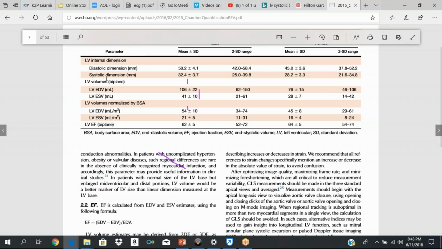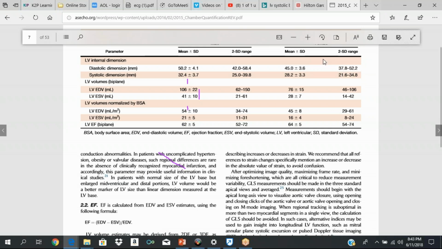Systolic dimension for males is about 25 to 39.8, and for females about 21.6 to 34.8. So you can see that there's a range. Your left ventricle end diastolic dimension for males is a little bit larger than for females, but you have a range.